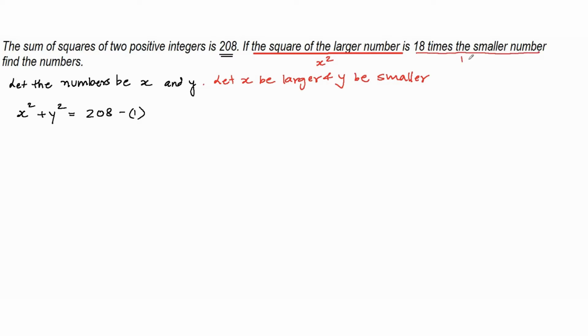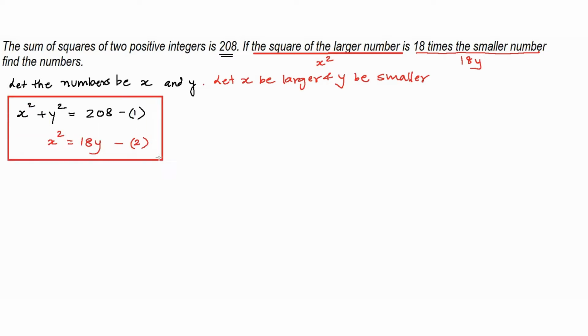So 18 times the smaller number is going to be 18y, which means that x square is equal to 18y. So that is the second equation. So these are the two equations that we have to solve, right?